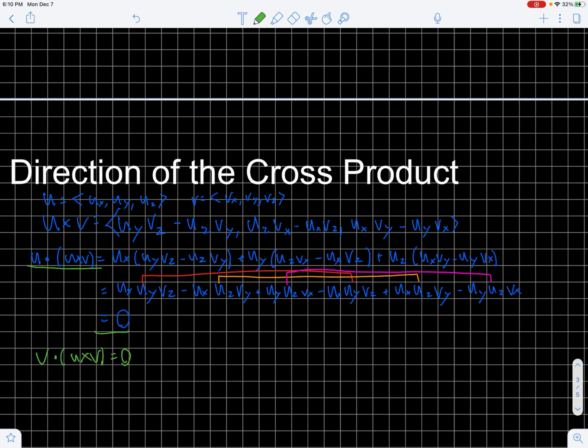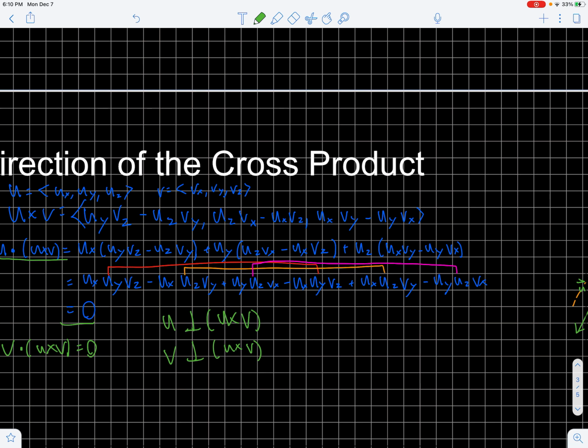What does that mean? That means that u is perpendicular to u cross v, and that v is perpendicular to u cross v. The cross product is perpendicular to both vectors.